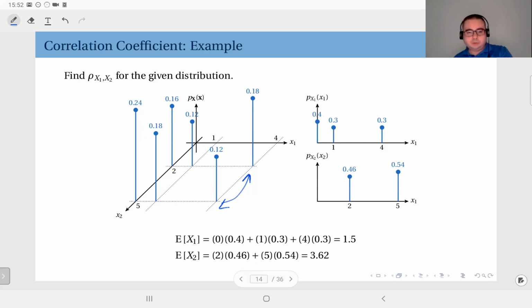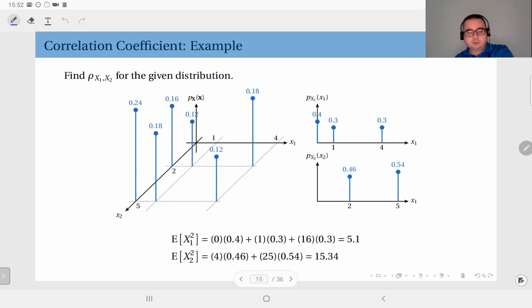First of all, I'm going to need the means. The marginal of X1 stays the same, because if you look at it from this side, the sum of these two doesn't change, so the marginal of X1 doesn't change, but X2 is now different. So the mean of X1 is 1.5 as earlier, but the mean of X2 is now 3.62.